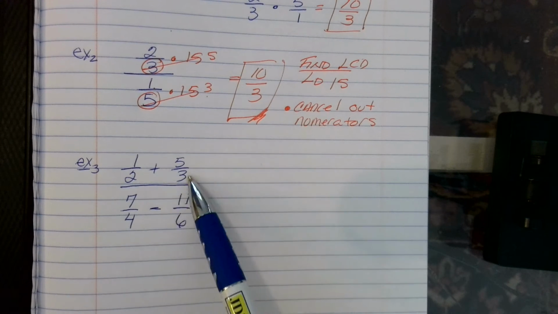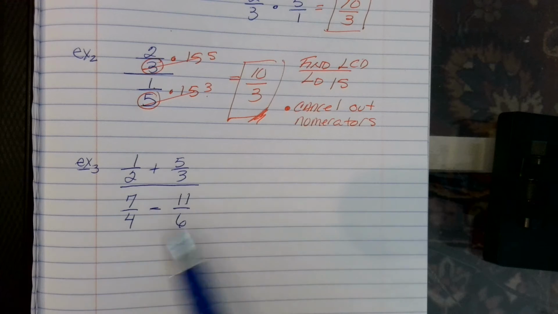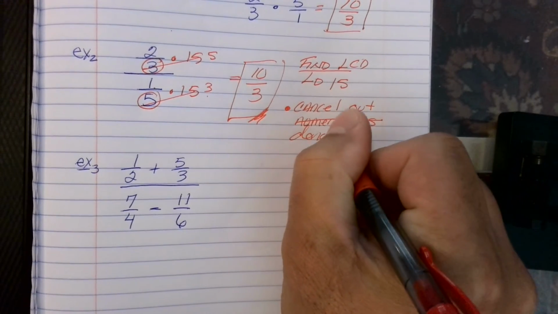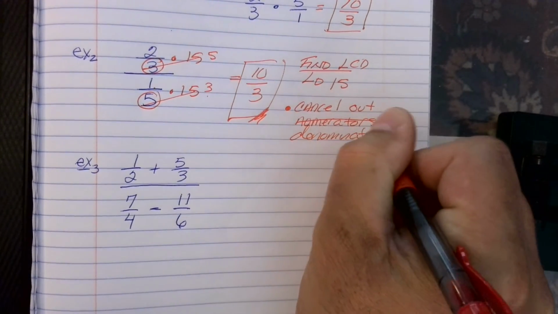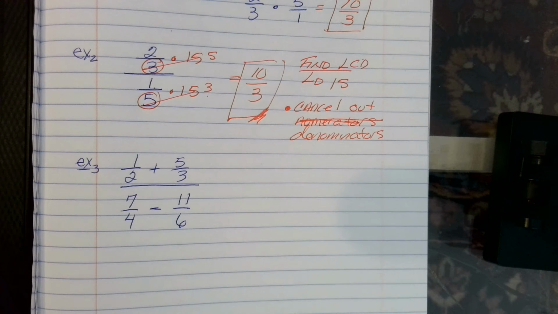Or we could find the LCD, cancel out the denominators, and then perform the indicated operation.